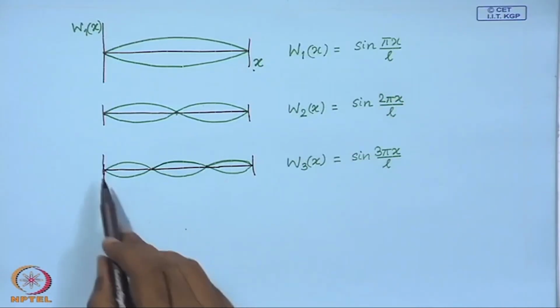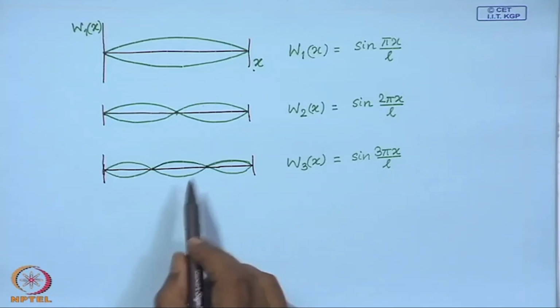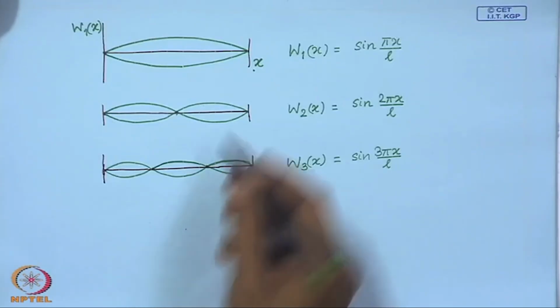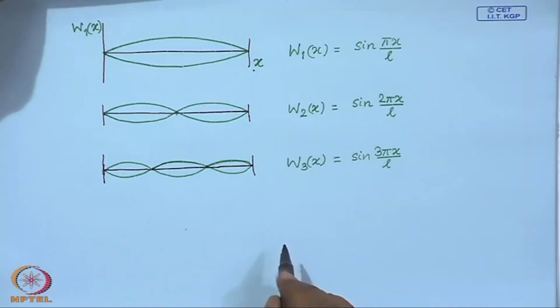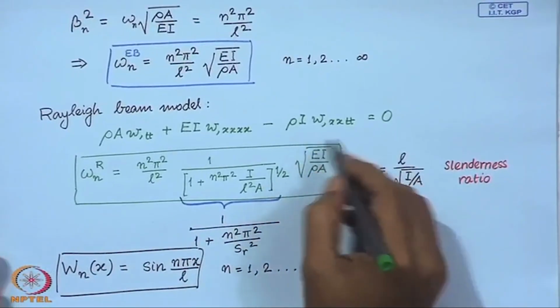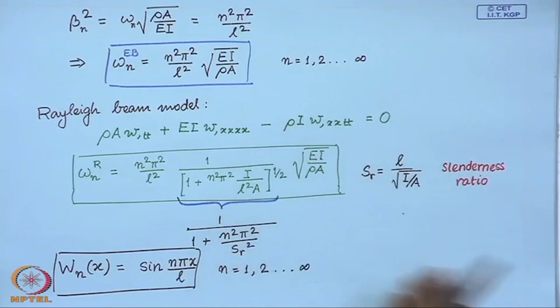If you calculate the curvature, then the curvature is increasing as you go to higher and higher modes. This relates to the rotary inertia term. The more the curvature, the more the rotation of this element.